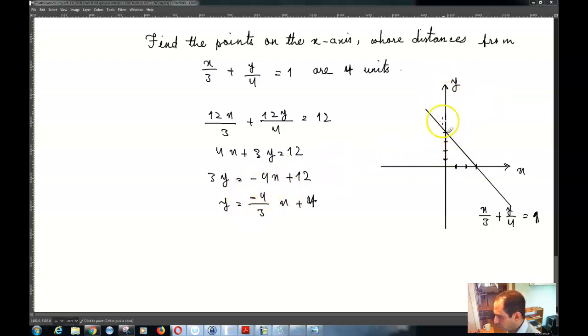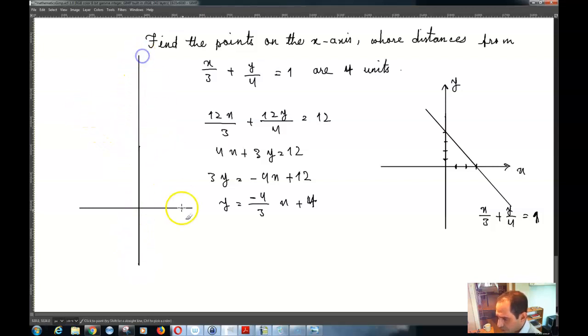If you have, for example, a line like this, the rise over the run is the slope of your line.